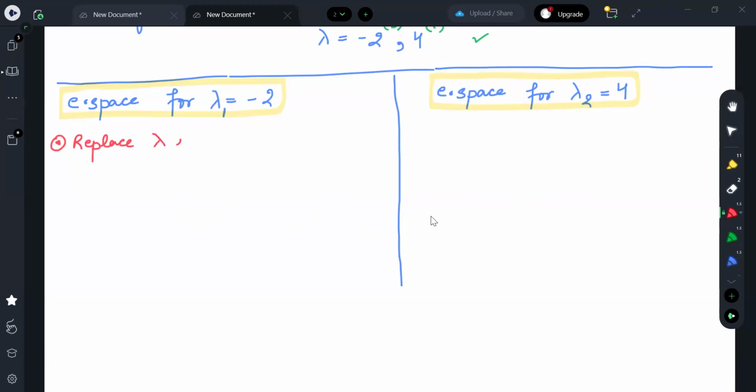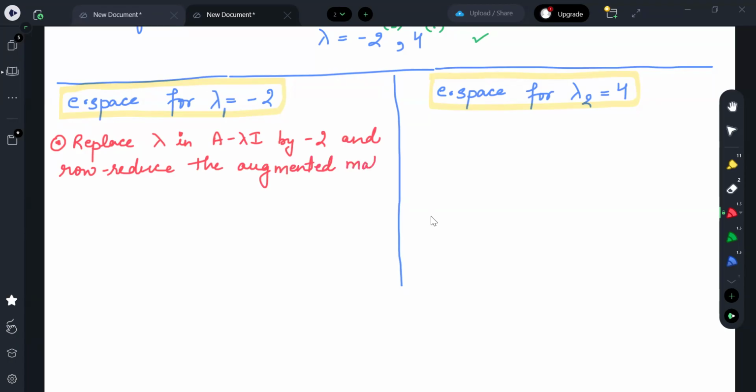Replace lambda in A minus lambda I by -2 and row reduce the augmented matrix.